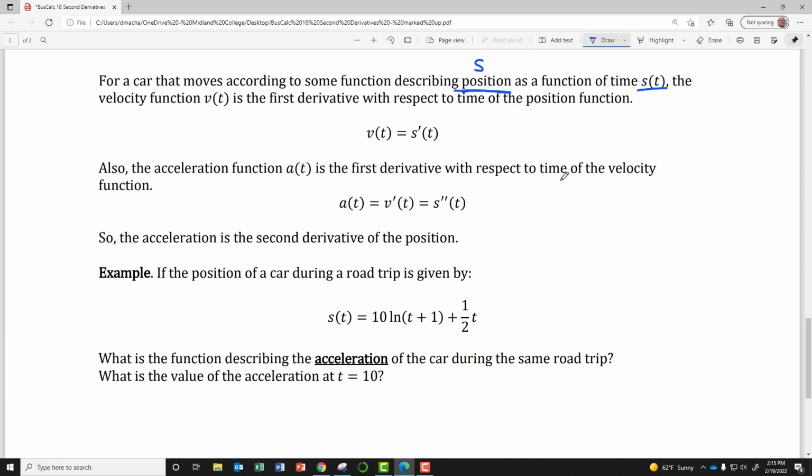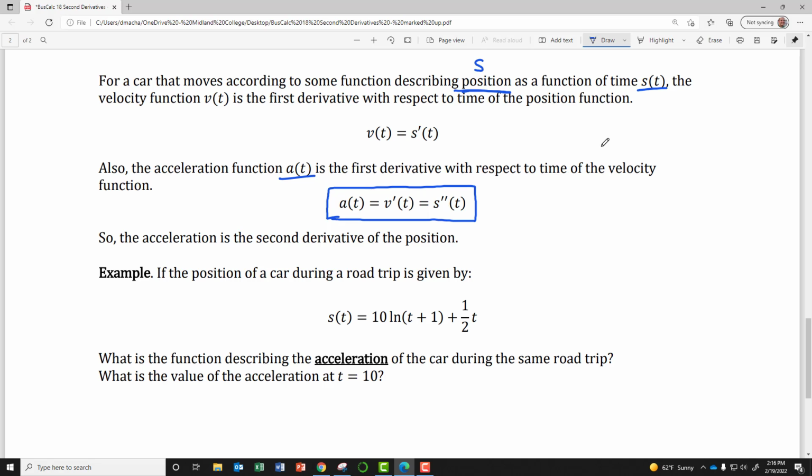So like I said, the velocity is the rate of change of position over time. So also, we said this sort of before, we've been alluding to this, the acceleration function, a of t, is going to be the first derivative with respect to time of the velocity function, and so that's going to mean that acceleration is the second derivative of position, or distance, with respect to time.